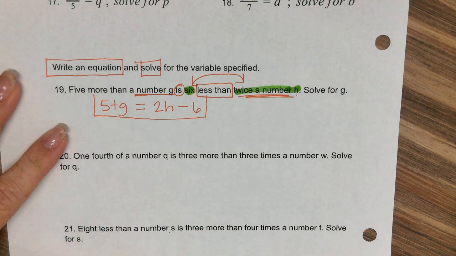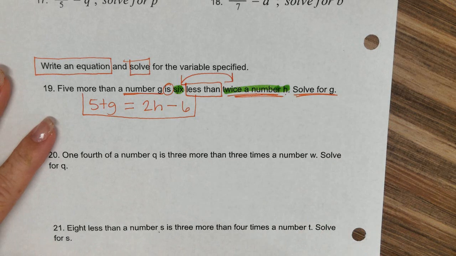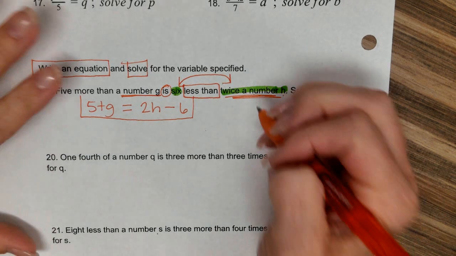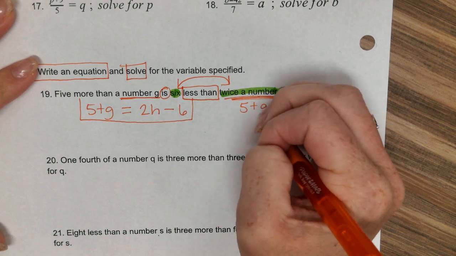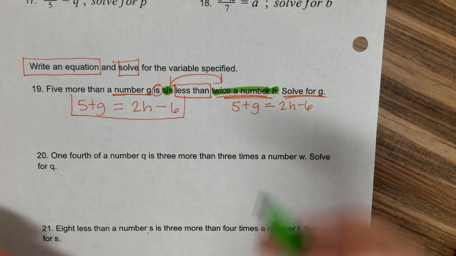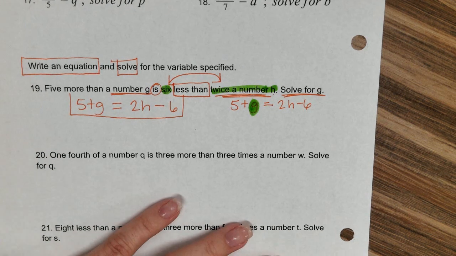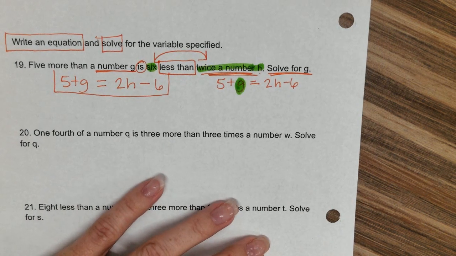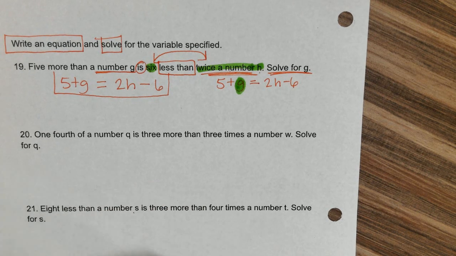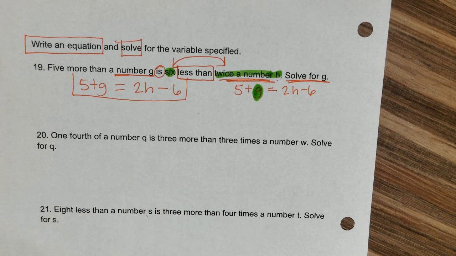That's your equation. Now what does it say to do? Solve for g. So I'm going to come over here and put 5 plus g equals 2h minus 6, and I'm going to highlight the g because I am solving for g. What is with the g that's got to go to get it by itself? How do I get rid of a constant 5?